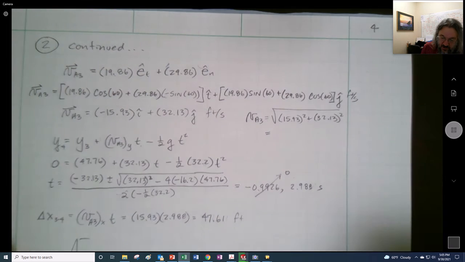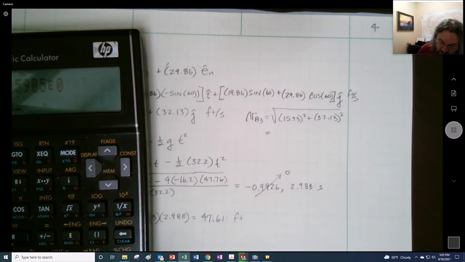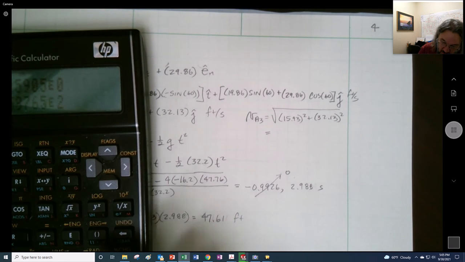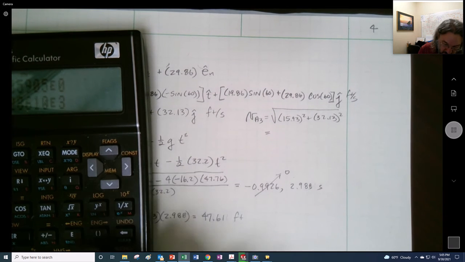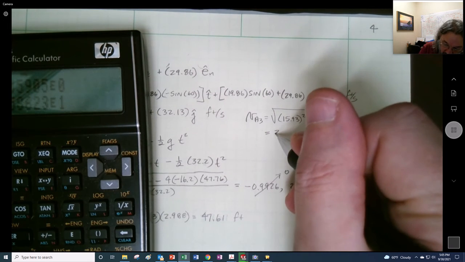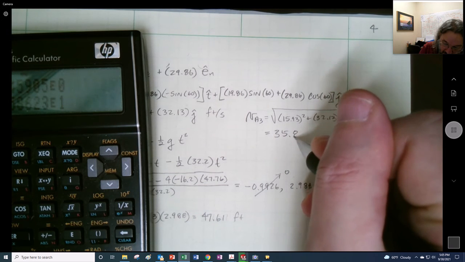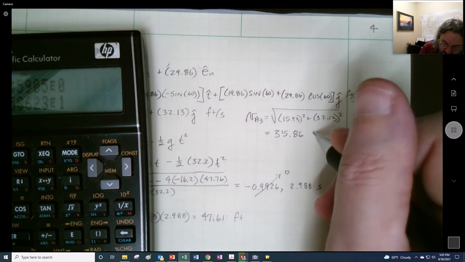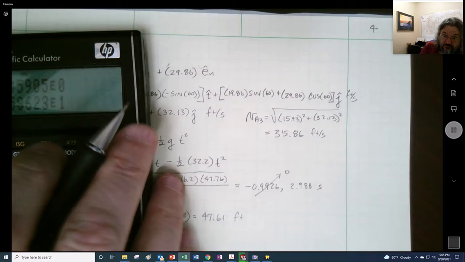We're going to get a velocity of 35.86. Wow, that's interesting. Feet per second.